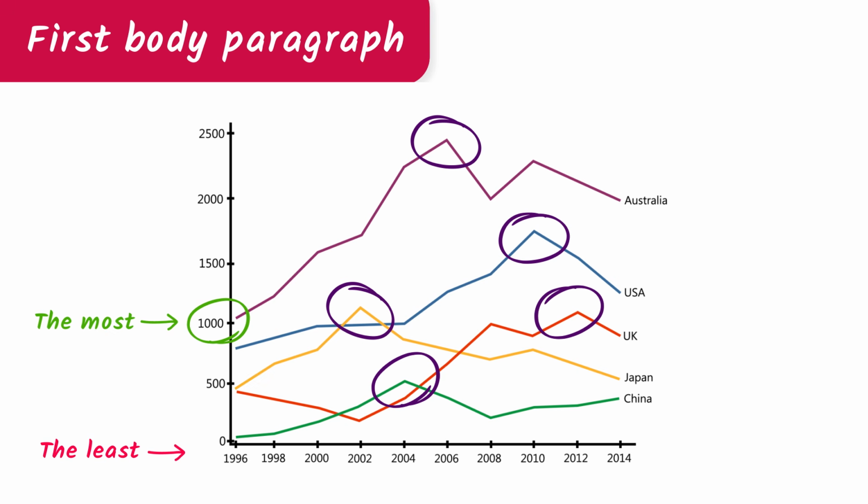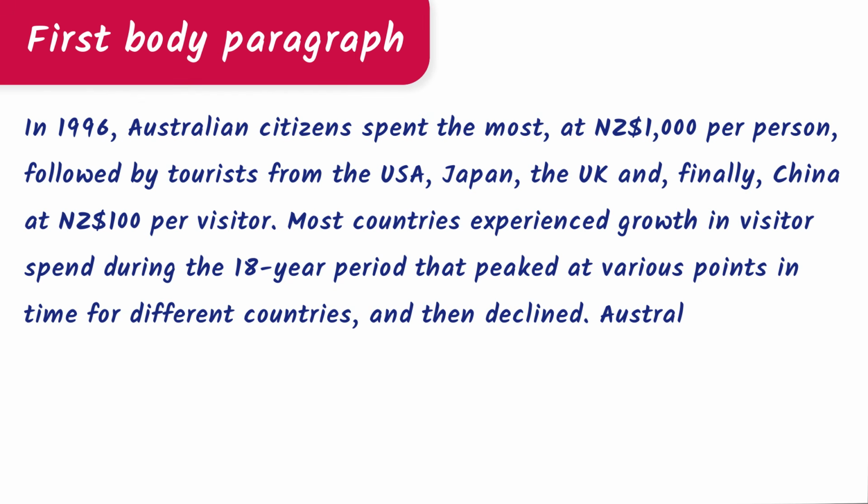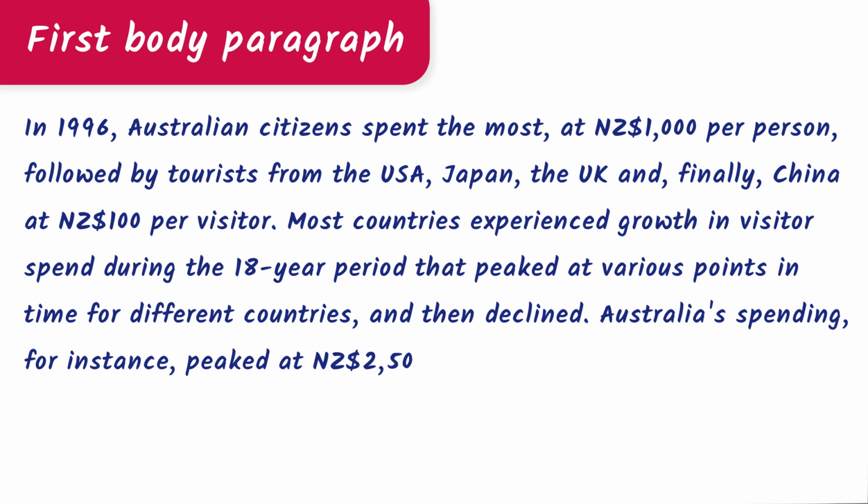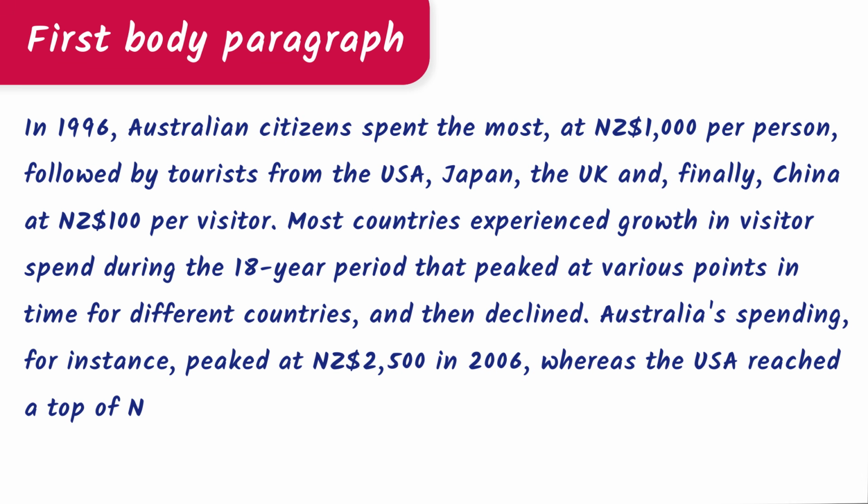And then let's talk about Australia's spending, which reached a peak in 2006. As you can see, in 2006, it almost reached around $2,500, right? Australia's spending, for instance, peaked at 2,500 New Zealand dollars in 2006, whereas the USA reached a top of 1,700 New Zealand dollars in 2010.